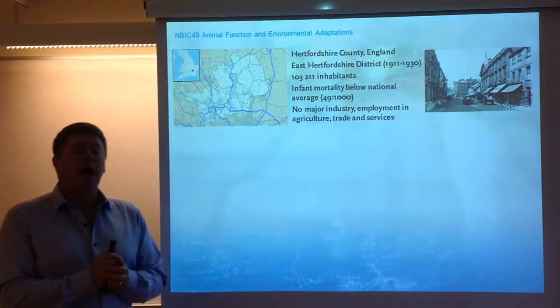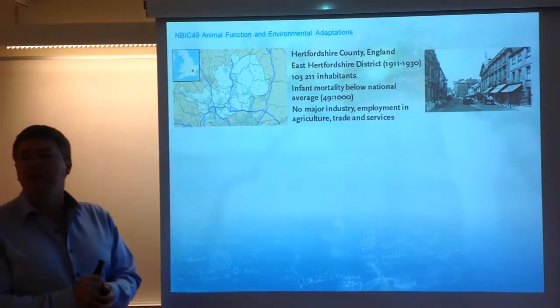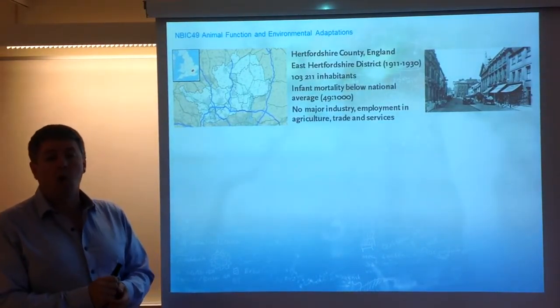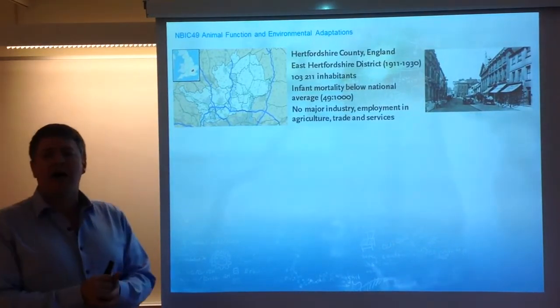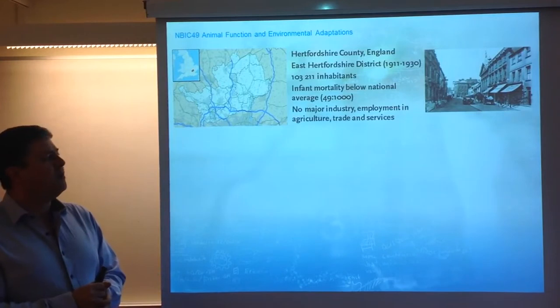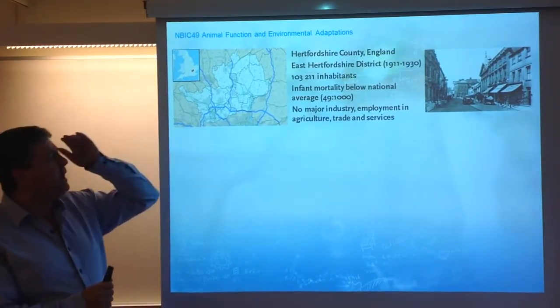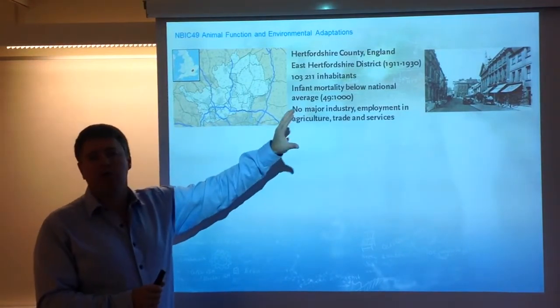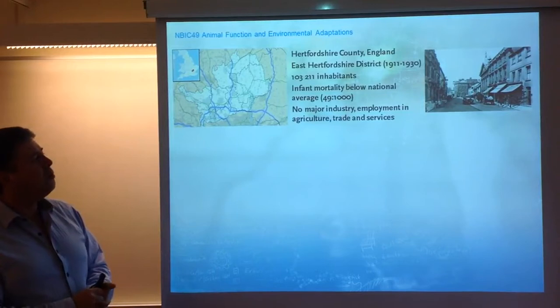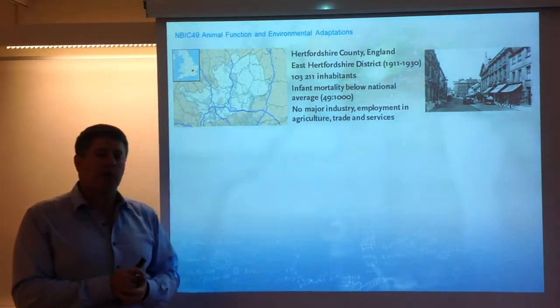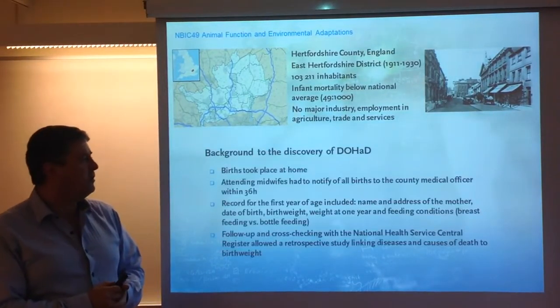It was a district with relatively low infant mortality, below the national average: 49 children died for every 1,000 births. It was also an area characterized by no major industries. This is important in terms of pollution, so we will see later why. Most people were employed in agriculture, trade, and services.